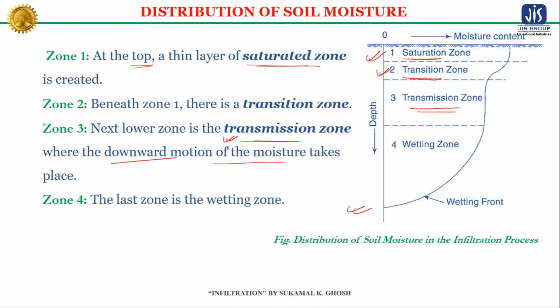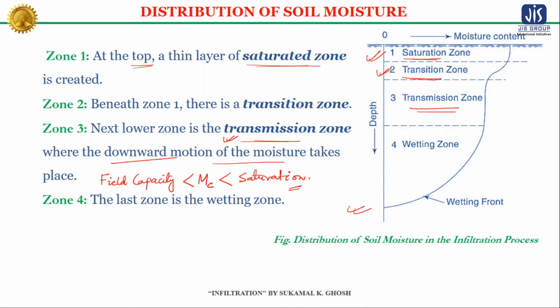In the transmission zone, suppose we denote the moisture content by MC, then the MC is more than the field capacity, but also the moisture content is less than the saturation. Further, the transmission zone is characterized by unsaturated flow and fairly uniform moisture content.